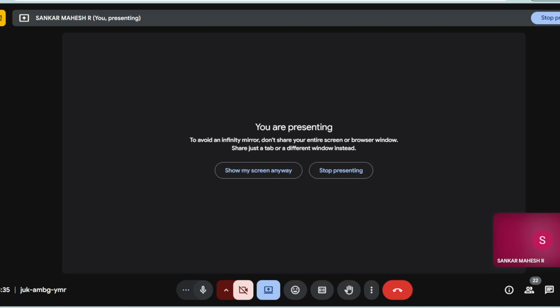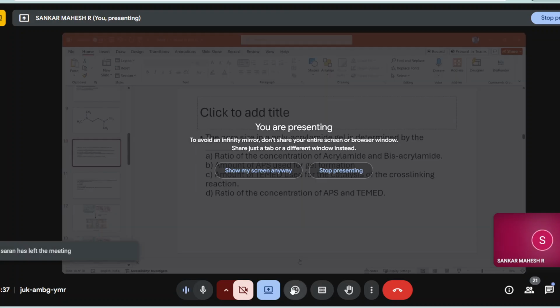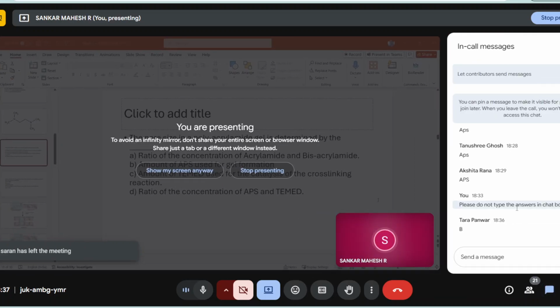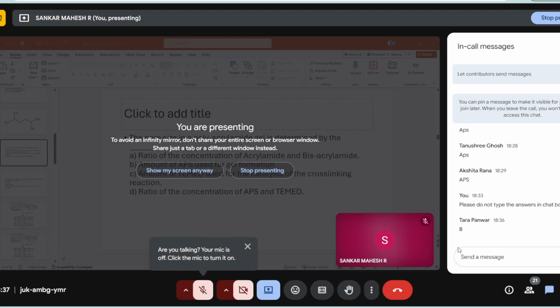We have earlier discussed that. You can take a couple of minutes to think about this question and then begin with the answer. Please do not type the answers in the chat box. You can think about this question for a couple of minutes.